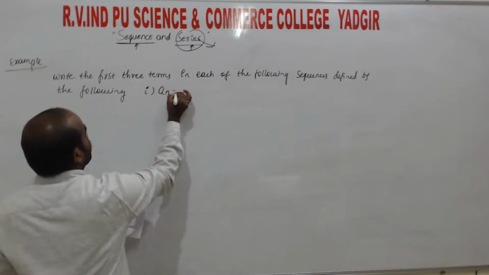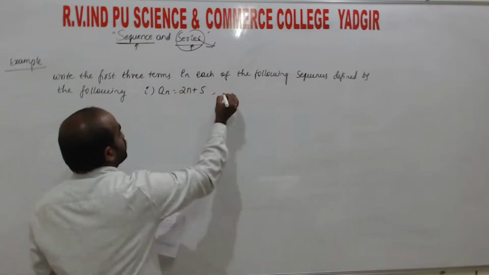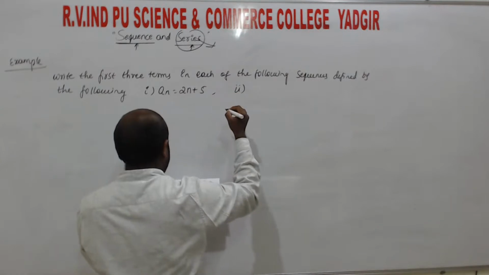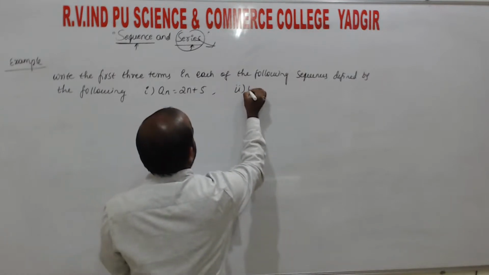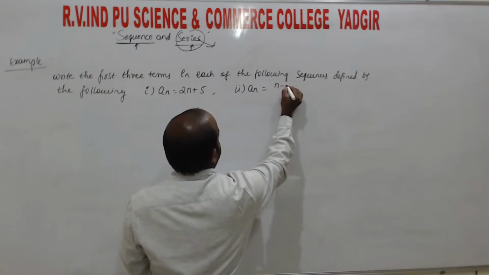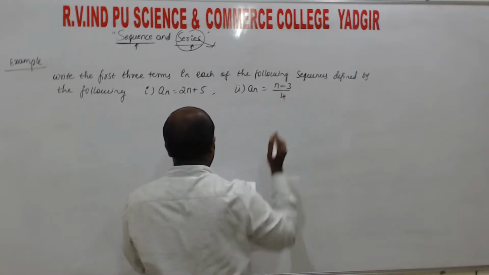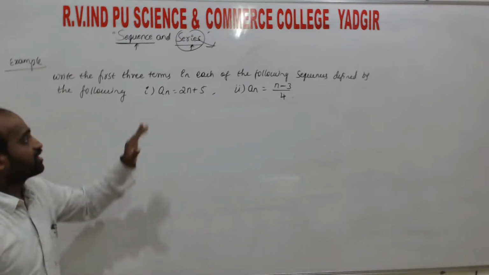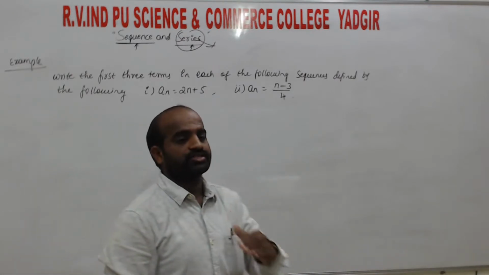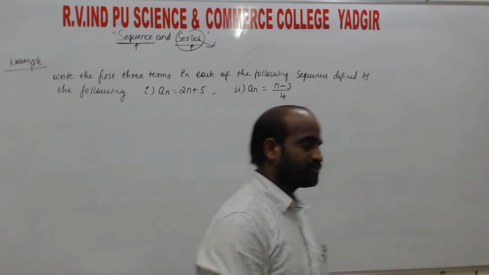First one, a_n is equal to 2n plus 5. Second one, a_n is equal to (n minus 3) divided by 4. Okay, the nth term is given. Find out the first 3 terms, first 5 terms, first 10 terms.